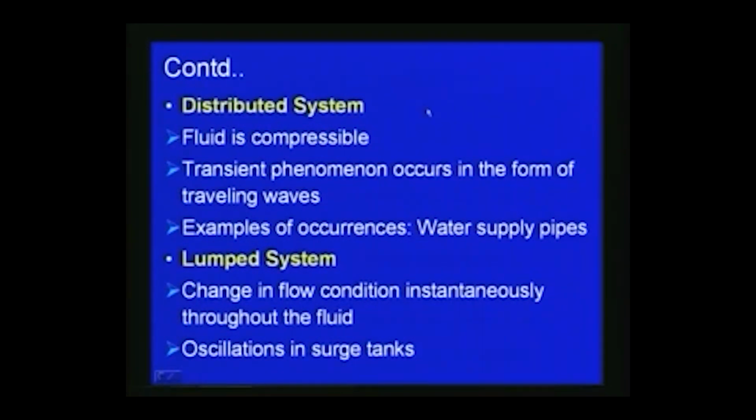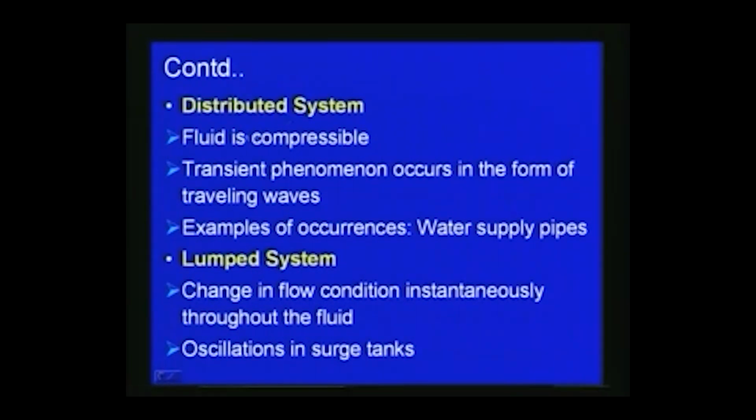Now here we will discuss the hydraulic transients in closed conduits or pipe systems, and the pipe system which we discuss is a distributed system. We will also discuss briefly the hydraulic transients in lumped systems, as in the case of a surge tank.